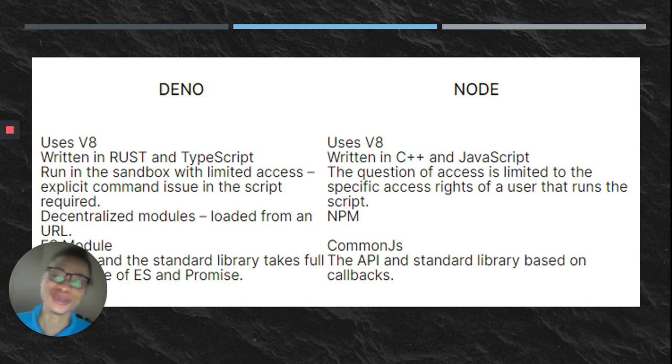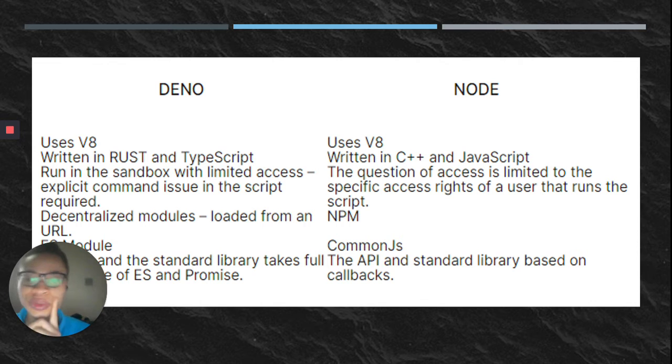Then Deno is run in a sandbox with limited access. So for Node, the question of access is limited to specific access rights of the user that runs the scripts. So now, this is a major selling point of Deno. So here you can say it runs in the sandbox with limited access, explicit command issue in the script required.